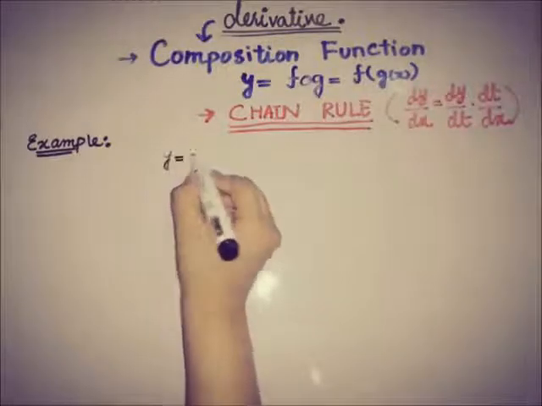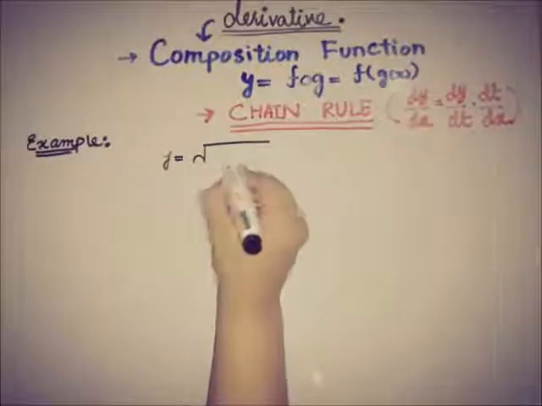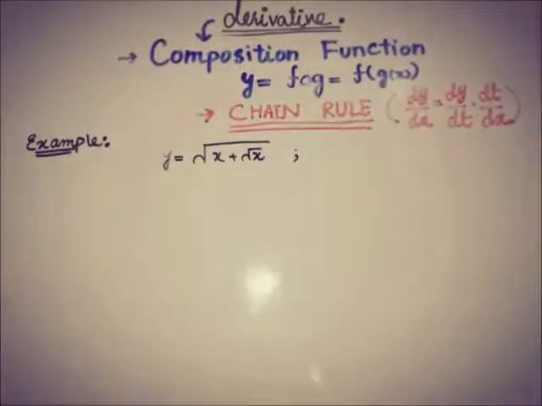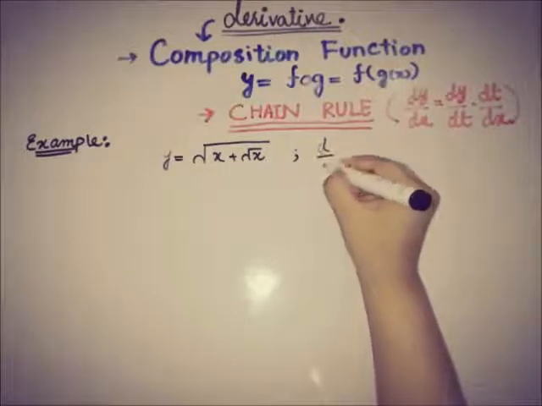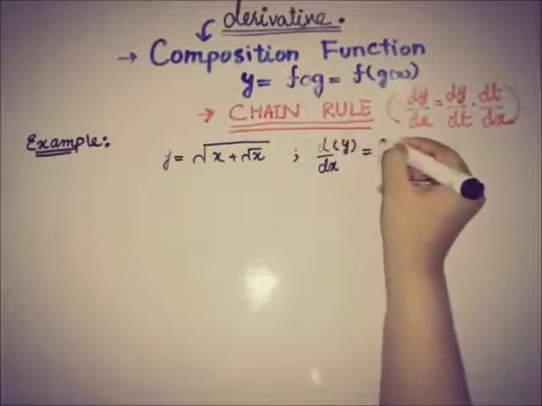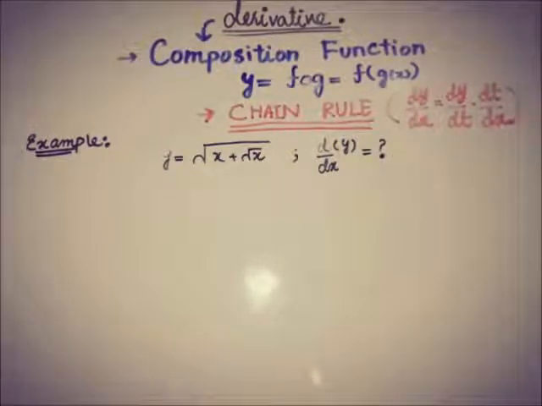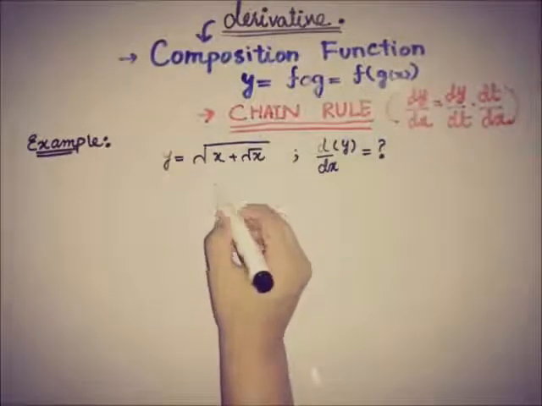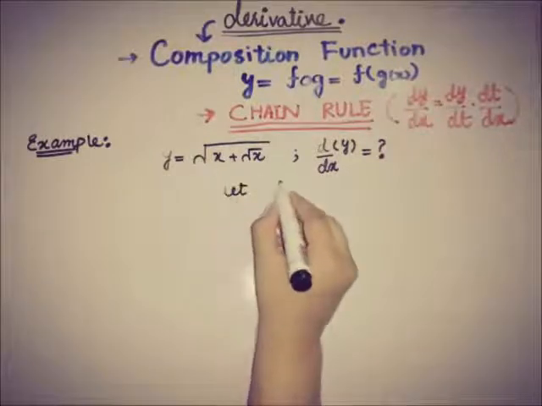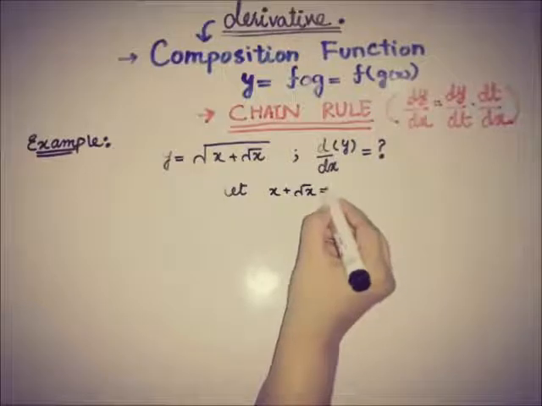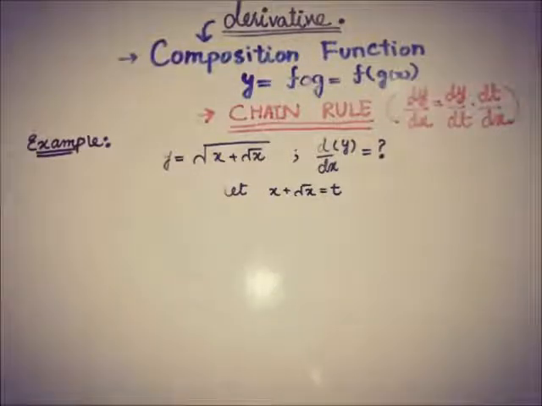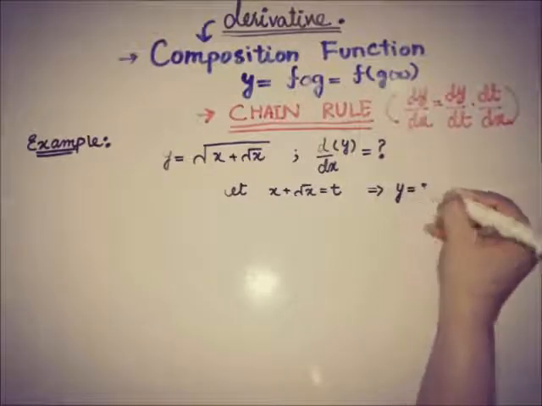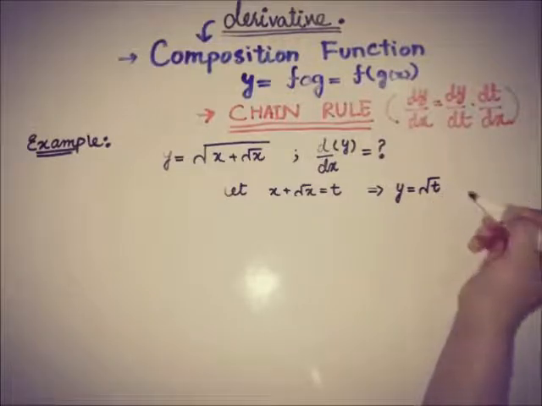So if there is a function and we have to find the rate of change of y with respect to x, the first thing by using the chain rule that we have to do is let this part be equal to some variable, let's say t, and then y becomes square root t.